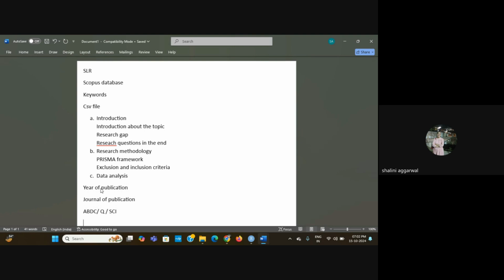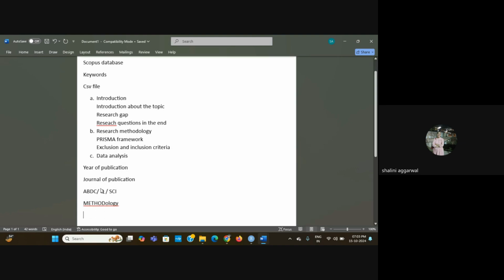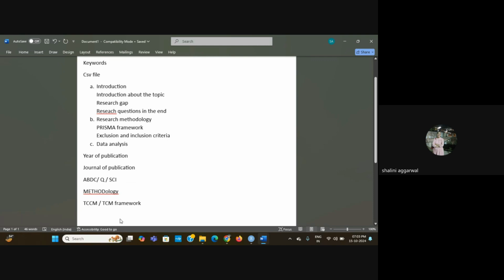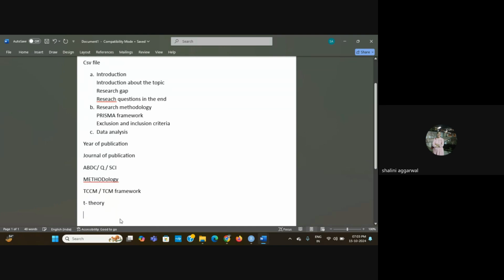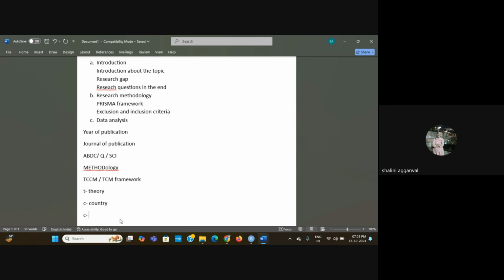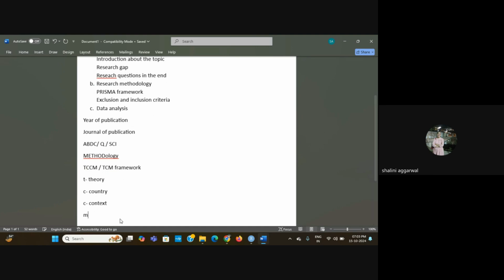Next, in methodology, we talked about the TCCM framework or the TCM framework. Either of the things you can follow. In the TCCM framework, T is for theory, C is for country, C is for context, and M is for methodology.